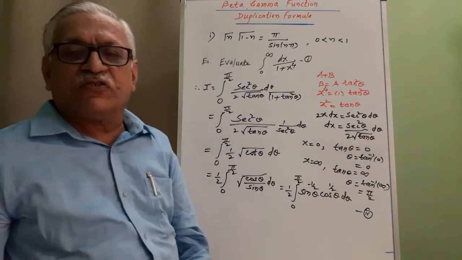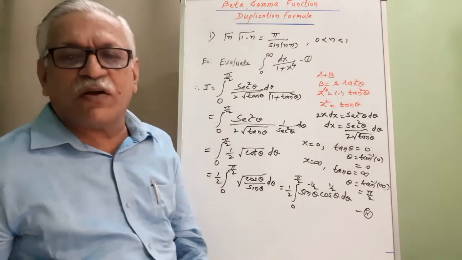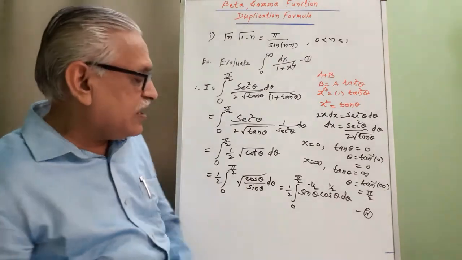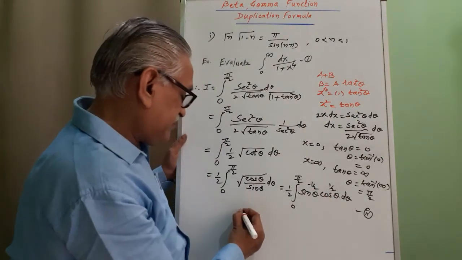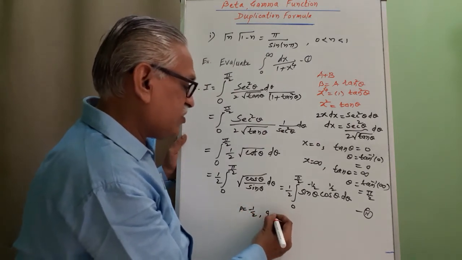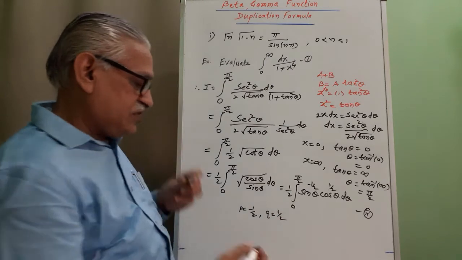To evaluate this integral, we apply the reduction formula in terms of beta gamma function, with the value of p as minus 1 by 2 and the value of q as 1 by 2.